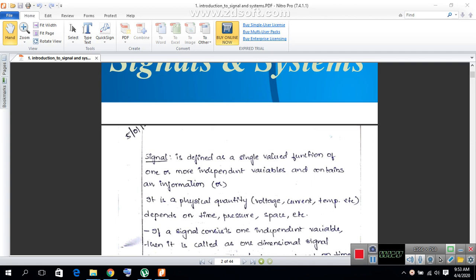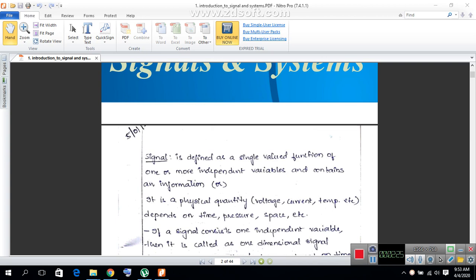If you put the value of x equal to 0, then some value of y comes out. It means y has dependency on x. So y is called the dependent variable and x is called the independent variable.